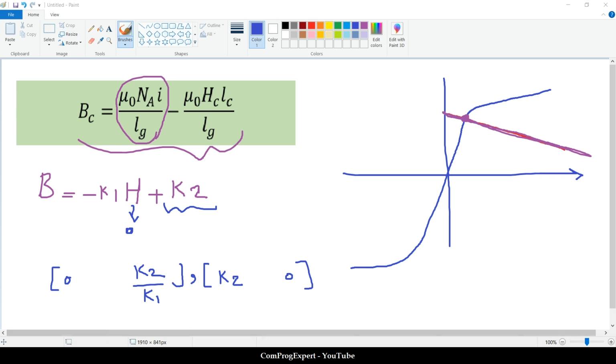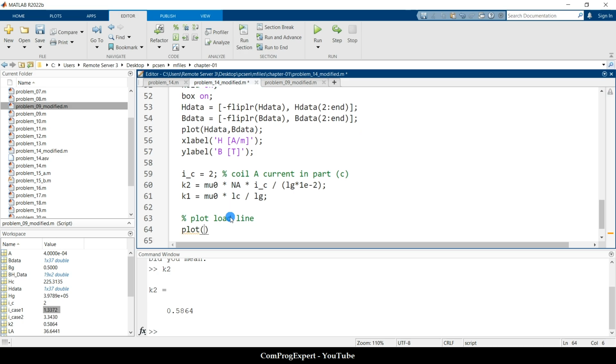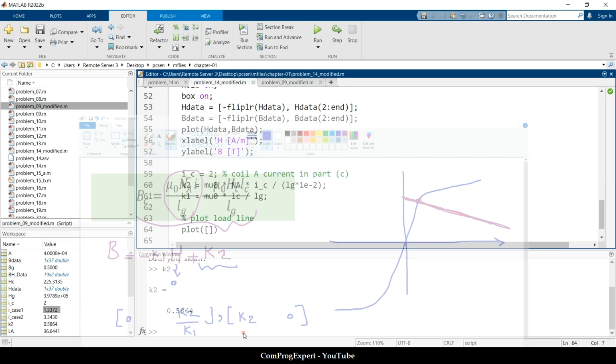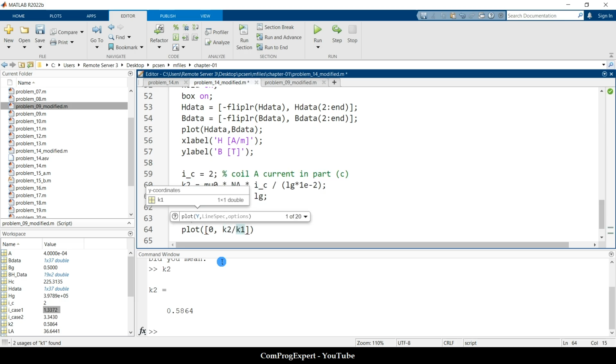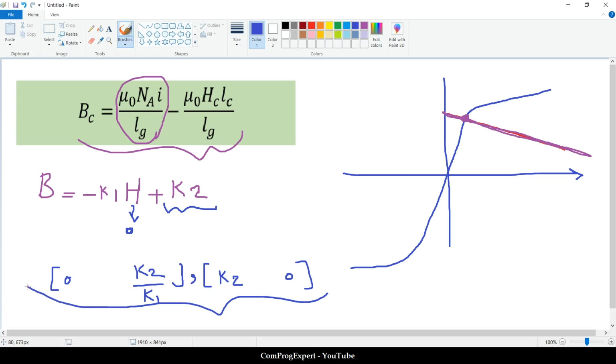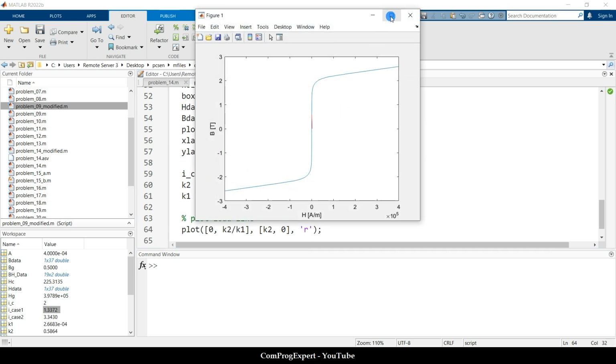Okay, so here we can plot the load line. So plot 0 and K2 divided by K1, and here K2 and 0. Okay, these two. Let's set the color to red. This is the load line, and if I run the code, here you can see the load line, right?